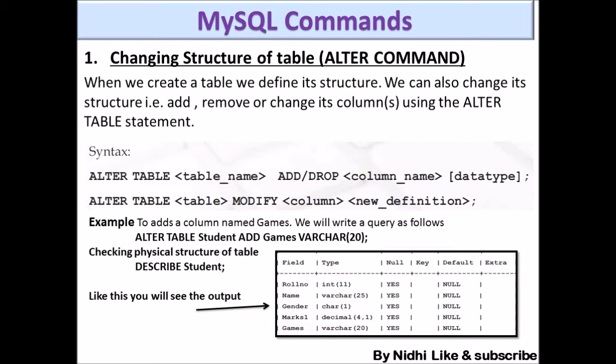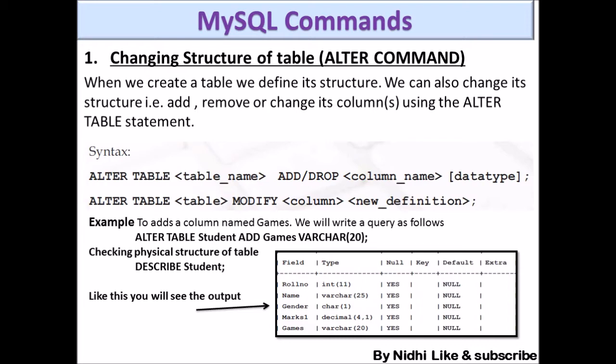If we want to add one more column to the existing table, we can do it with the help of add, or if we want to remove a column, or modify the data type, we can do all these things with the alter table statement. So the alter command is used for changing the structure of a table.